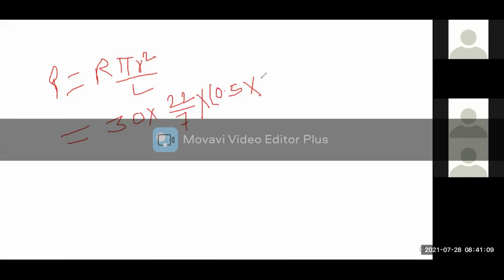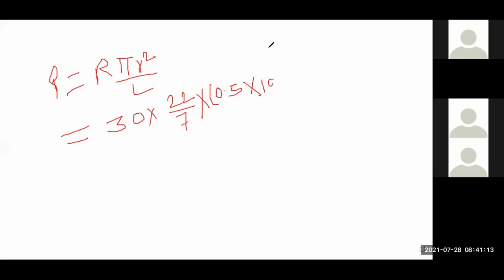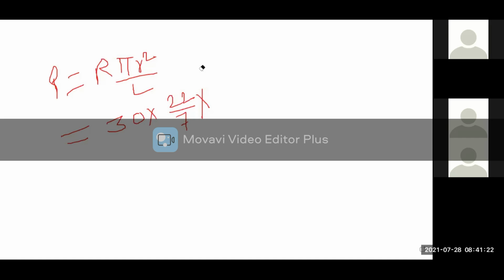We'll get 0.5 into 10 raised to... This millimeter we have to convert into the meter. How can we convert? Tell me.